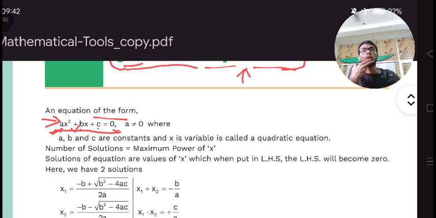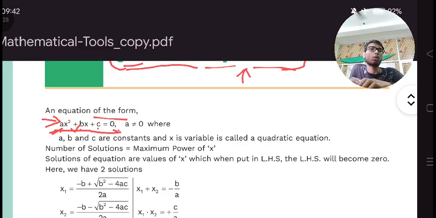Variable. Why do we use a variable? We use a variable because we don't know the value of something. For unknown things we use a variable. Look, plus, minus, multiplication, division, all this will come in your quadratic equation, in your polynomial.